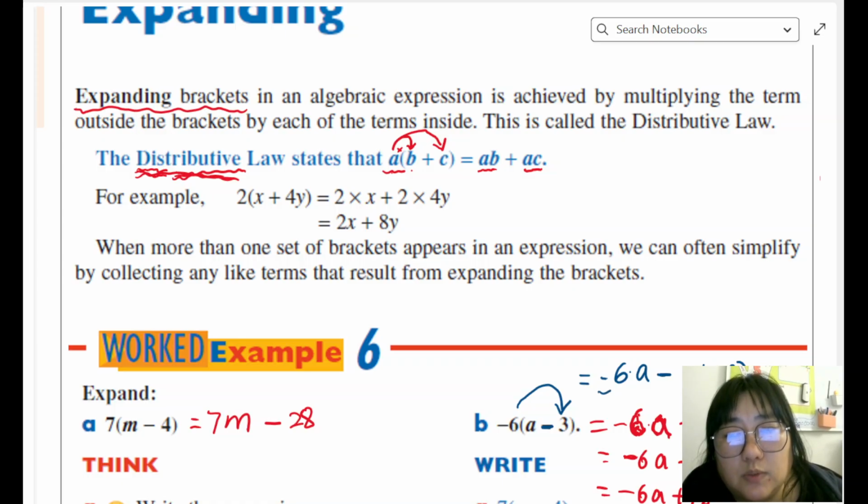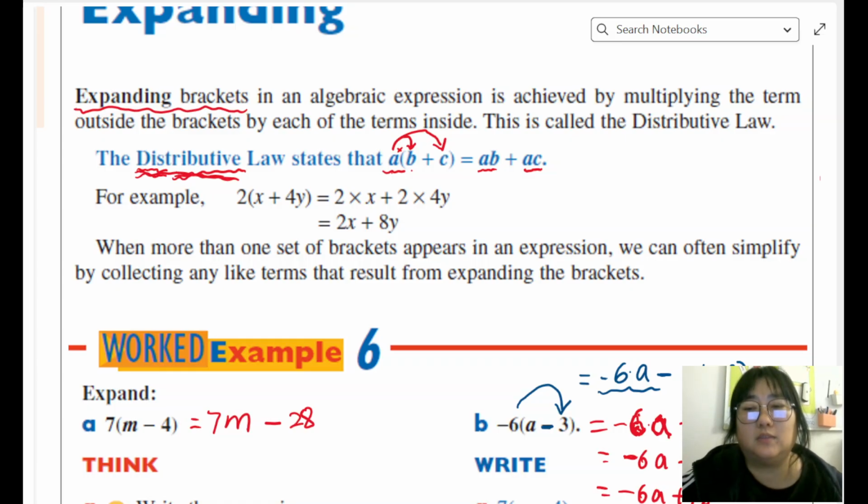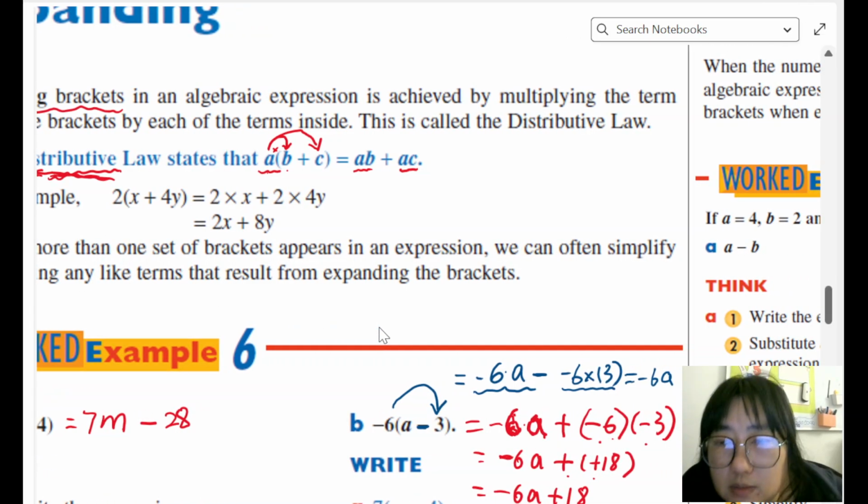So now we check what we got. The first one is -6a, and the second is -6 times 3, that is -18. Then I keep writing down the next part, take -18. Take -18 means it's positive. So -6a plus 18 will be the final result.